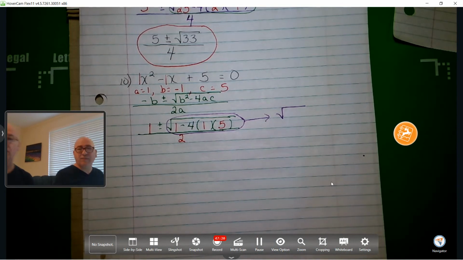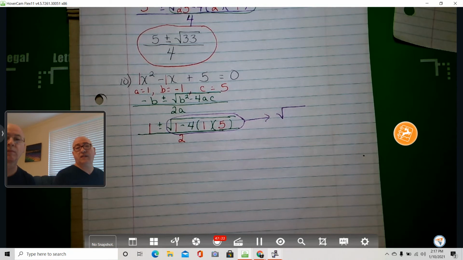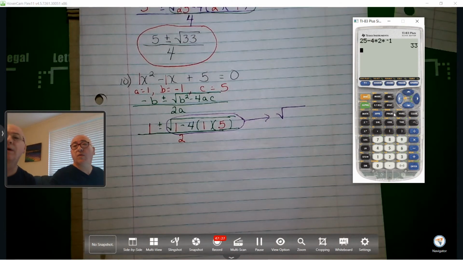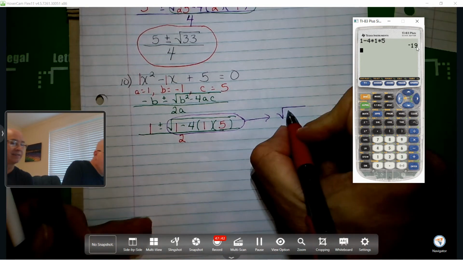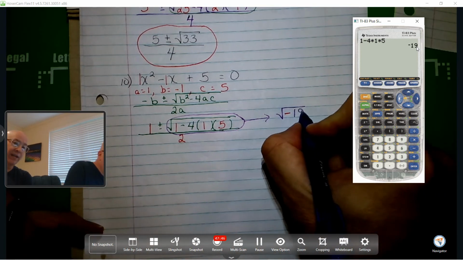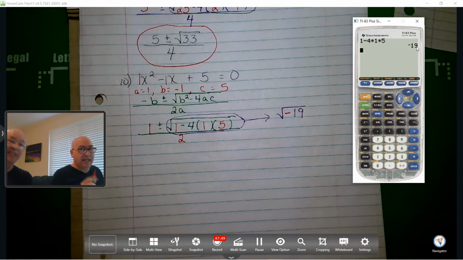Okay, this is a way to show my thought process. 1 minus 4 times 1 times 5. 4 times 1 times 5 is 20. 1 minus 20 is negative 19. Oh, I like that 19. Can we simplify the square root of 19? No, it's a prime number. 19's prime. You're sure not going to simplify.